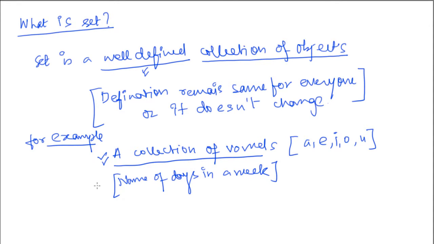Is it a set? Yes, because the definition, means for everyone, the names of the days in a week would be same. Sunday, Monday, Tuesday, Wednesday, Thursday, Friday and Saturday. So this is also a set because this is well defined.